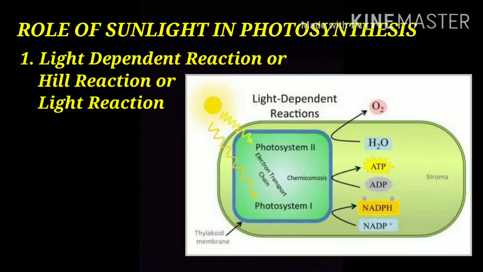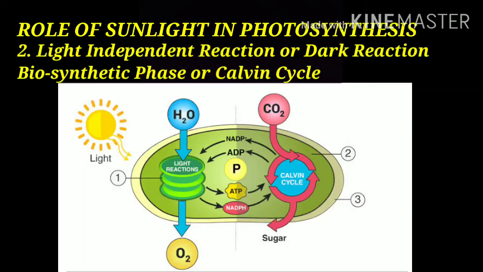Photosynthetic pigments absorb the light energy and convert it into chemical energy ATP and NADPH2. ATP is the adenosine triphosphate and NADPH2 is the nicotinamide adenine dinucleotide phosphate. These products of light reaction move out from the thylakoid to the stroma of the chloroplast.